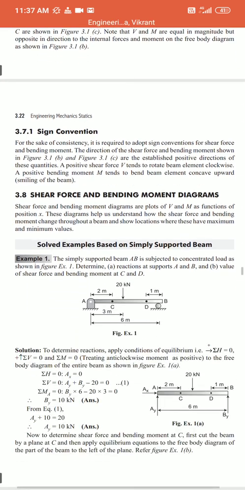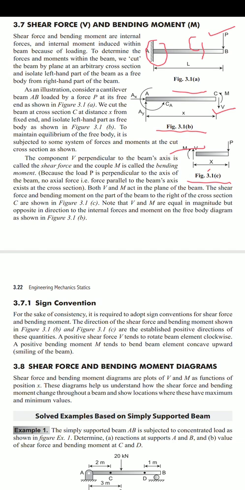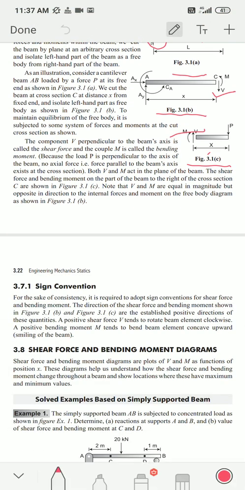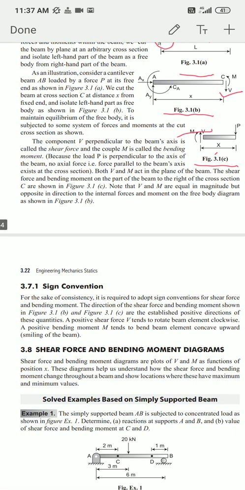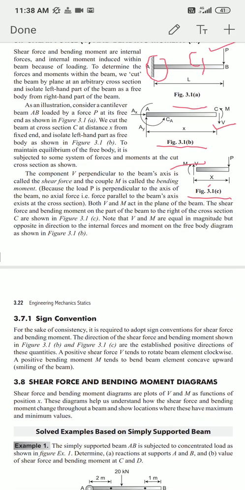Now the sign convention. What sign convention do we follow when we show the shear force and bending moment? Let's understand this.